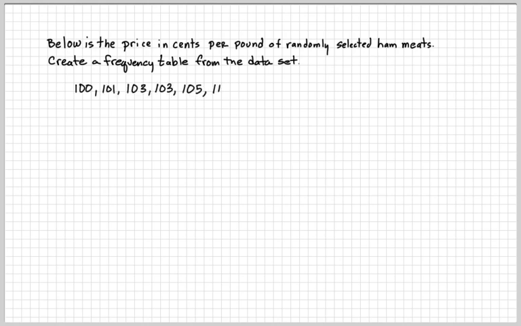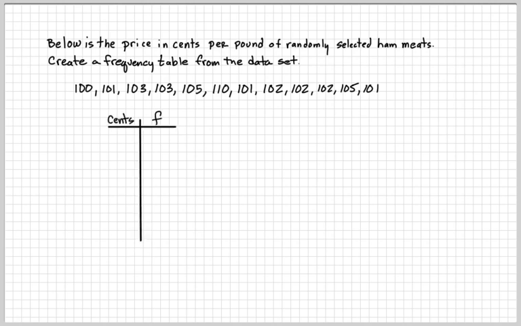So these are the prices in cents per pound. Now, cents don't have decimals, okay? Like 25 cents, right? So this is 100 cents, which is $1, of course, or $1.01. This way we can get around the whole idea that there's a decimal and these are discrete.